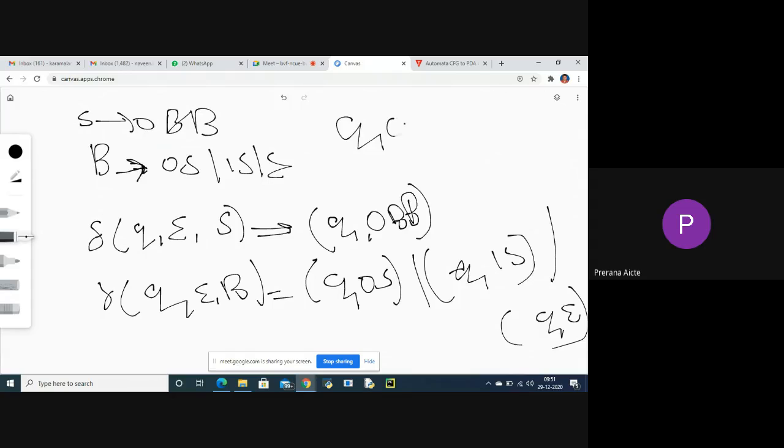For the terminal symbols, delta of q comma 0 is equal to q comma epsilon, and q comma 1 is equal to q comma epsilon.